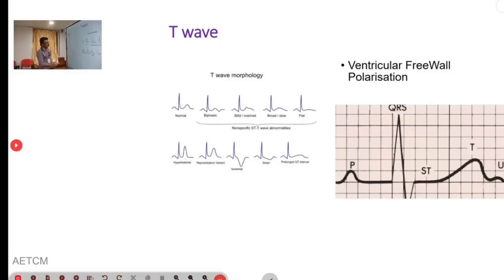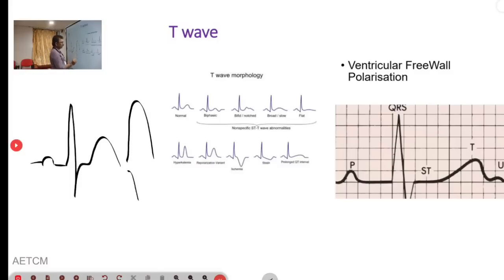Now T waves. We have already discussed the T wave, PR interval, and QRS complex. The T wave is always upright. If it is very tall, it is problematic. If it is inverted, then also it is problematic. You can see here a normal T wave, and very tall T waves in most of the leads, which may be due to hyperkalemia.